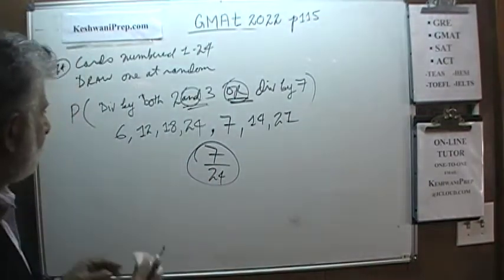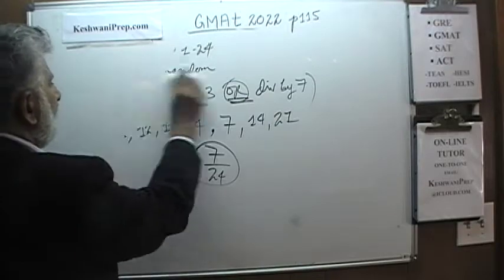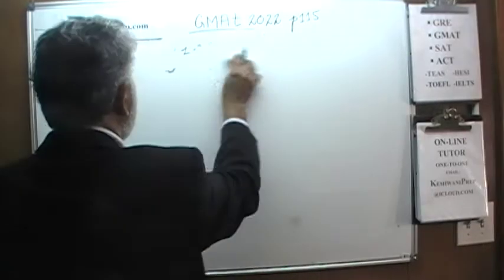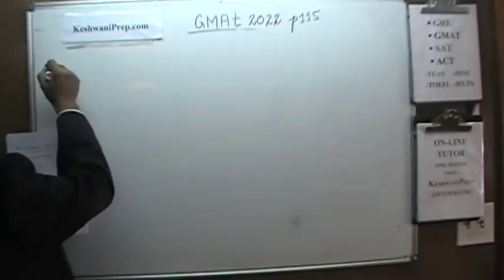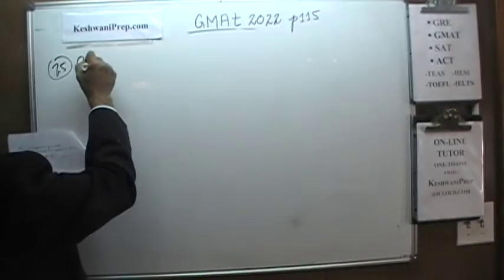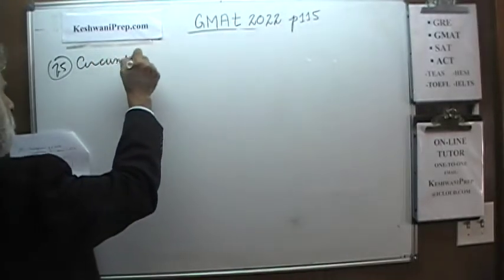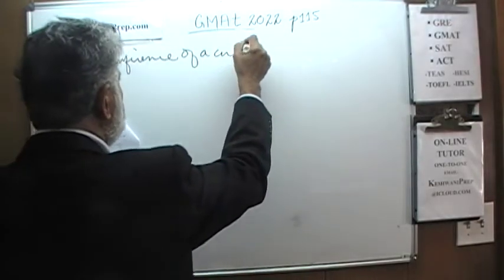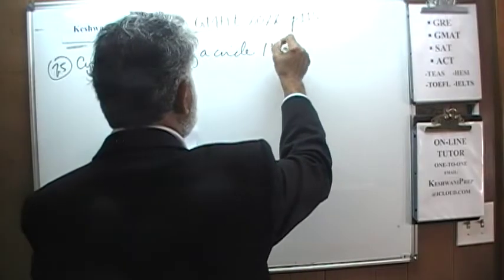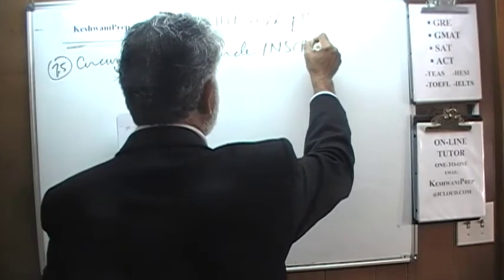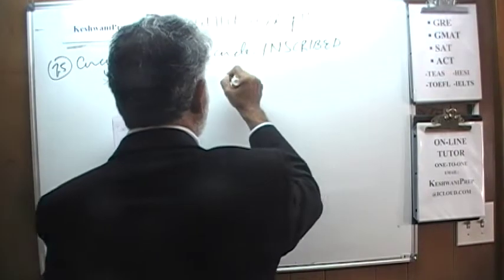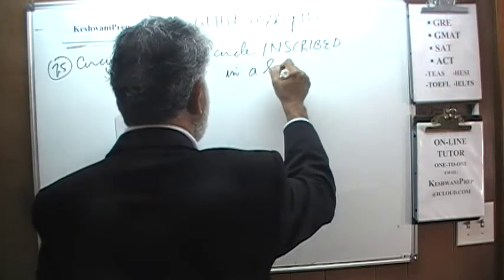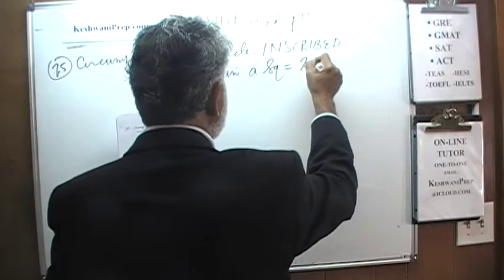Number 25. In number 25, we are told that the circumference of a circle inscribed in a square is 25 pi.